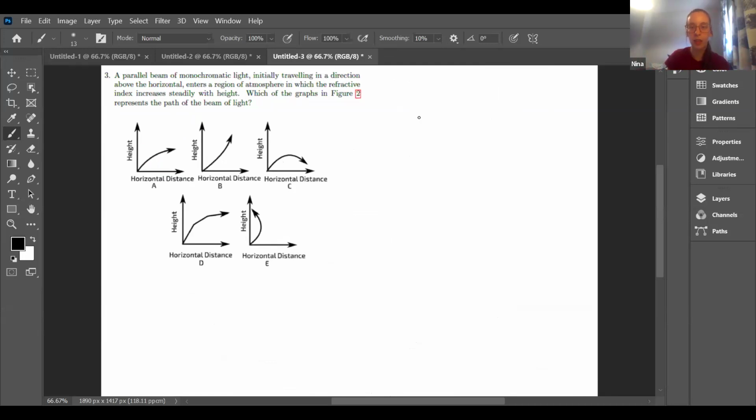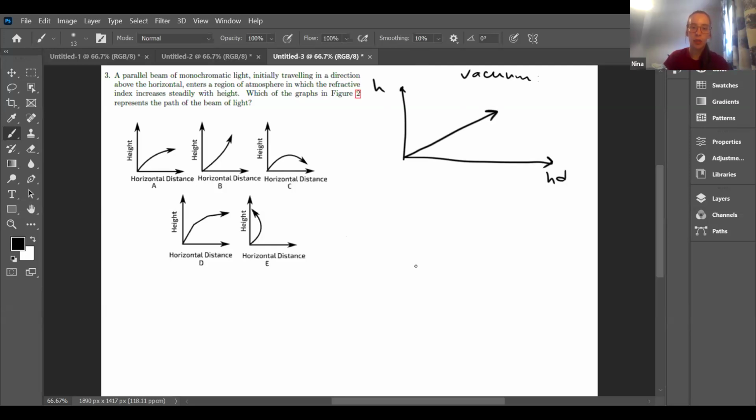Already you can see that your graph has to be height versus horizontal distance, so I'm going to label it H and horizontal distance HD. In vacuum, if we didn't have that changing atmosphere, the light would be traveling above the horizontal, so something like this. This would be the path. So they're asking you, if the atmosphere has changing refractive index, what would the path look like?